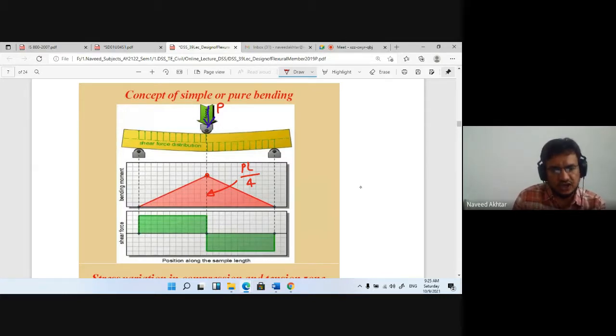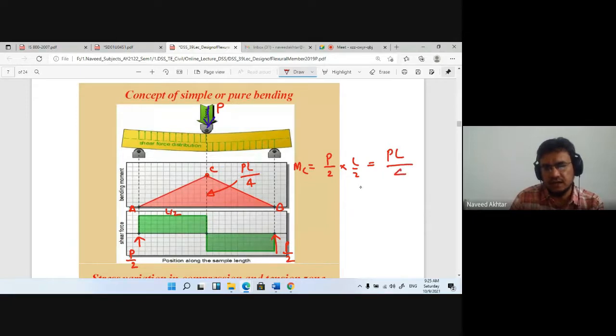Because the reaction at support A is P by 2, and at support B it is also P by 2. Taking point C at the center, with A and B at the ends, the moment at C is P by 2 into the distance, which is L by 2. So the maximum bending moment in case of concentrated load is PL by 4.